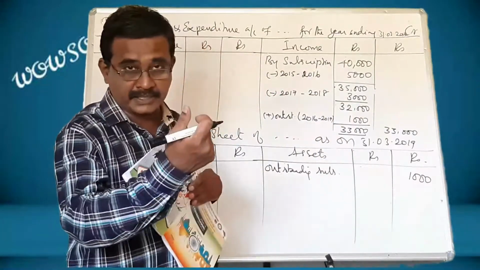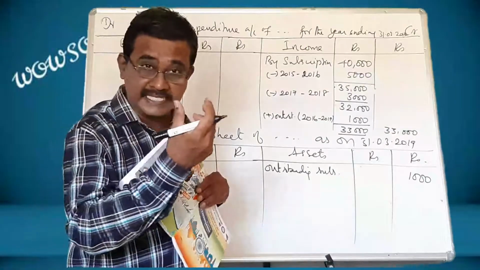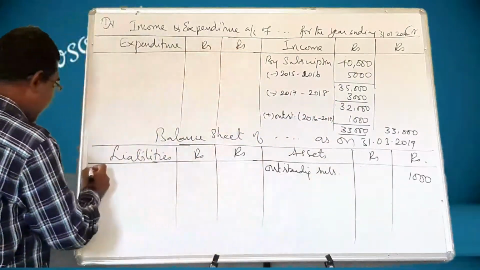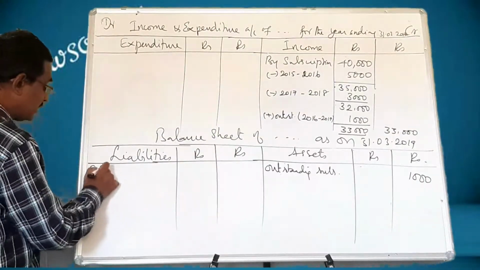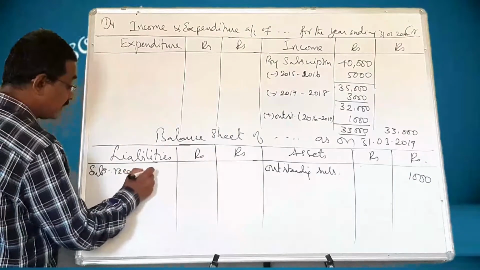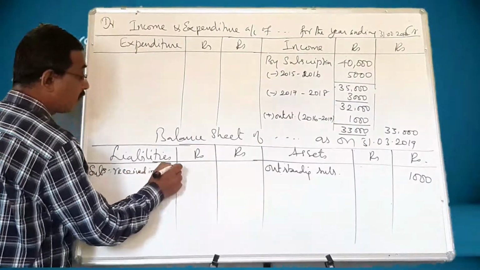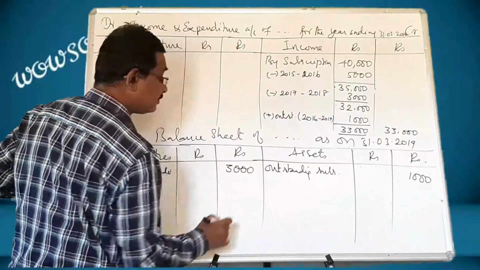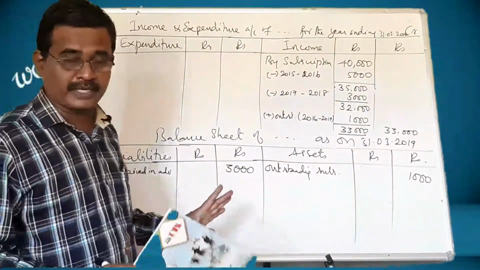It is the subscription collected in advance, received in advance. So that is a liability and it is shown as subscription received in advance. What is that amount? 3,000. That 3,000 is shown here. And we have shown it again.